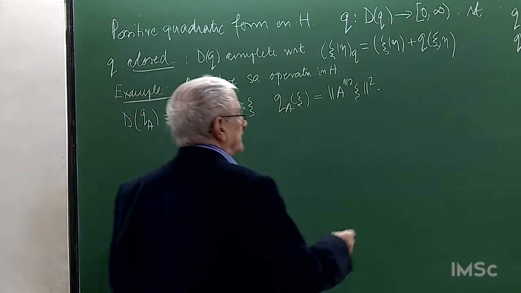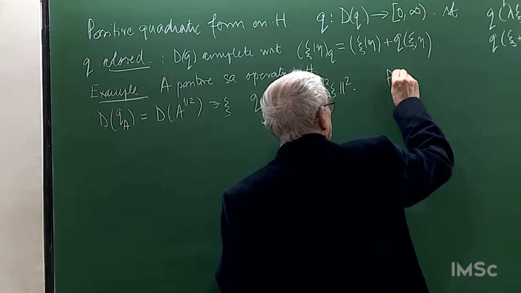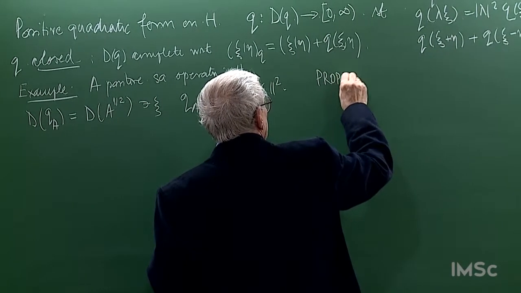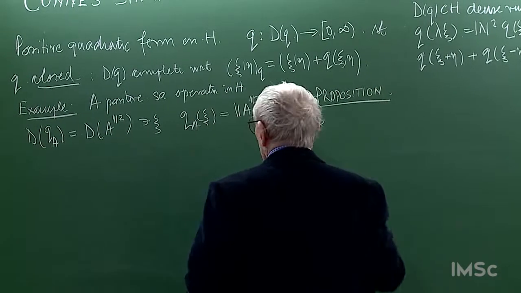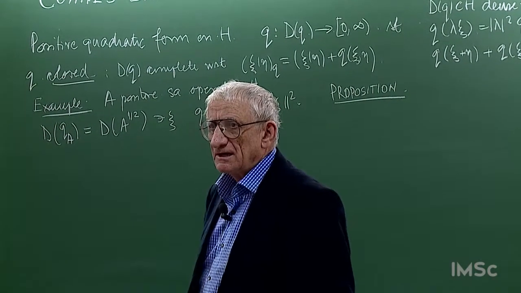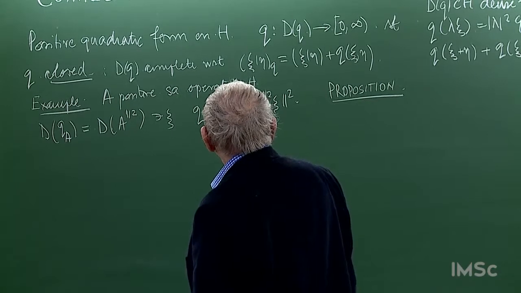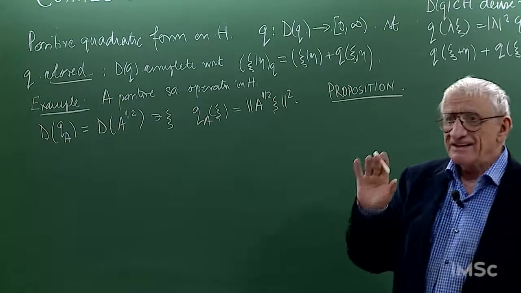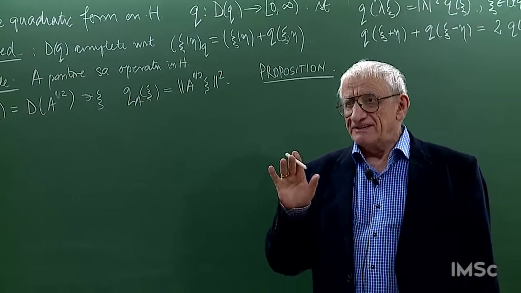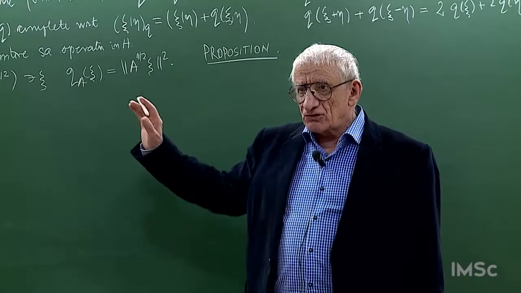The first result is this proposition. Excuse me, I suppose you define Q(xi, eta) by polarization. You can get a bilinear form indeed by polarization, but I don't use it here.